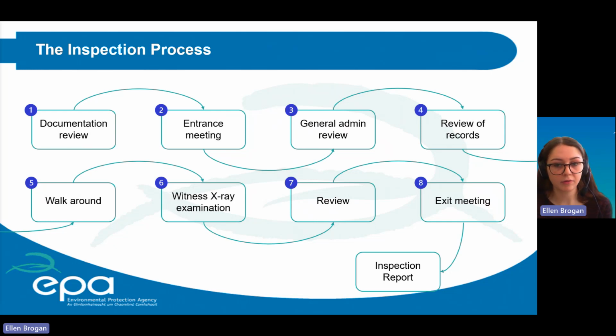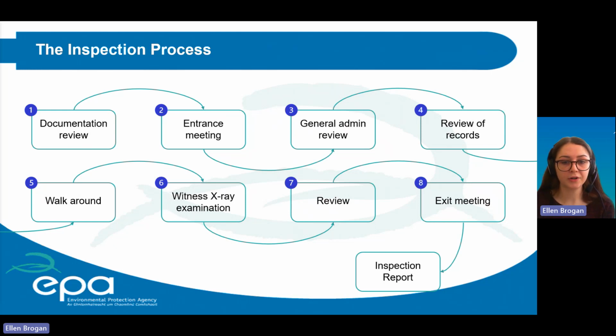Then there will be a general review of administrative aspects of the license and issues. These can be issues arising from the documentation review that was done, or issues that have come up from previous compliance assessments.